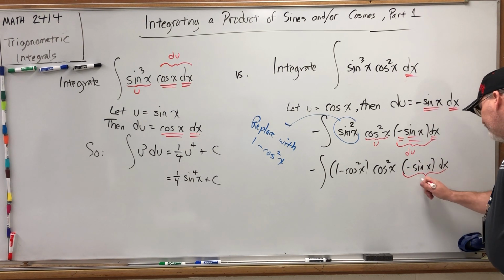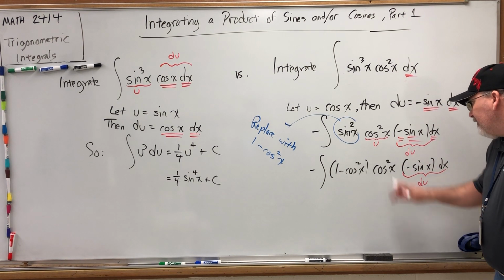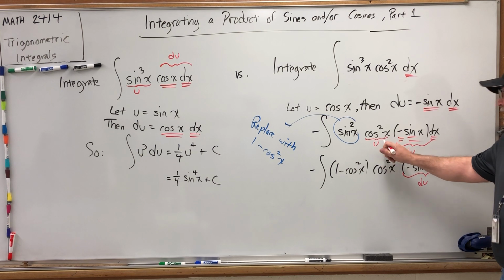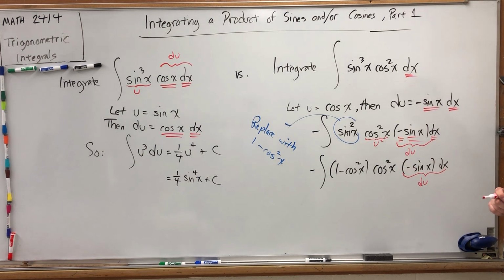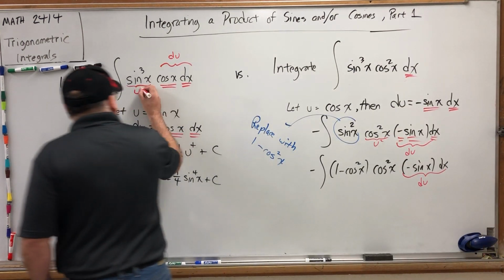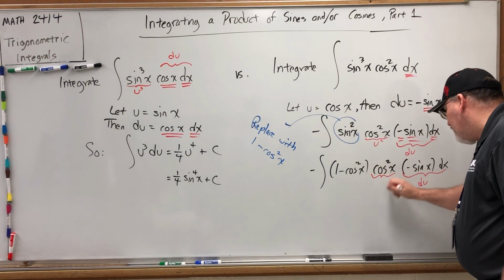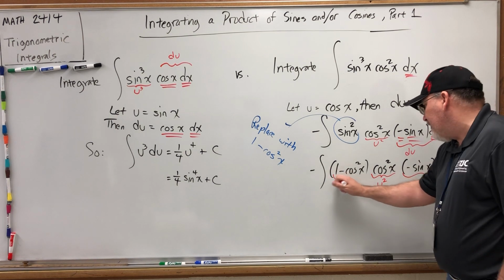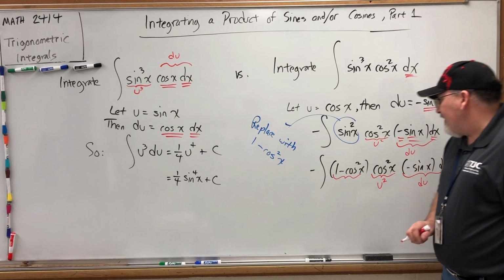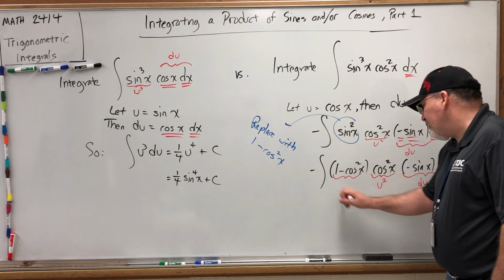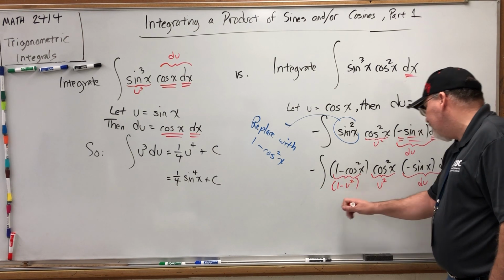All of this will still become du. You know what, it's bothering me writing u under here because it's really going to become u squared. Same thing over here that was bothering me before. So this will become u squared, but what will this become? Well, since cosine of x is equal to u, then 1 minus cosine squared will become 1 minus u squared.